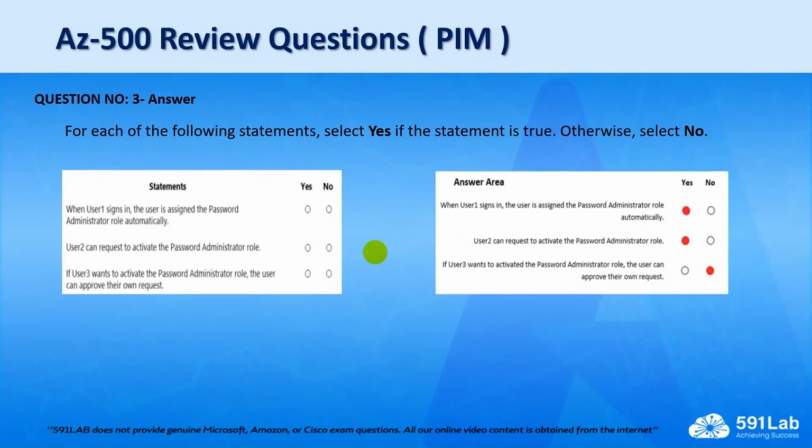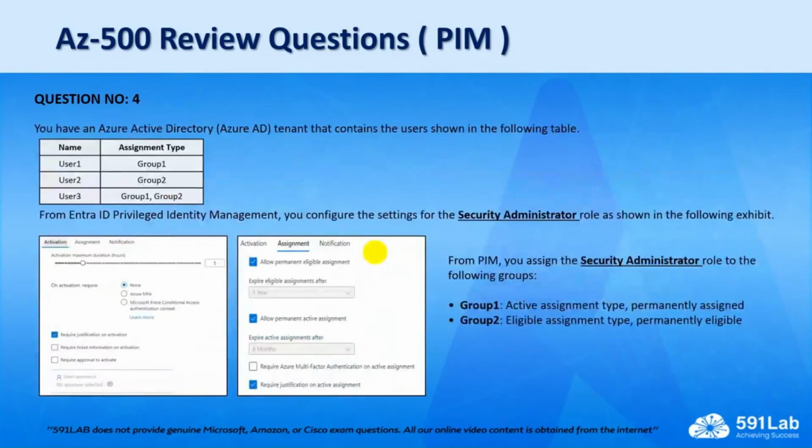Now let's move to the next question. Question 4 says, you have an Azure Active Directory tenant that contains the users shown in the following table. Good enough. We have users 1, 2 and 3, and user 1 is a member of group 1, user 2 is a member of group 2, and user 3 is a member of both group 1 and group 2.